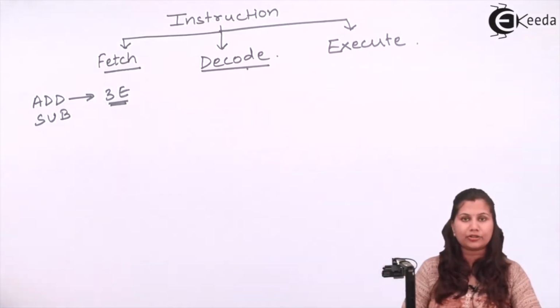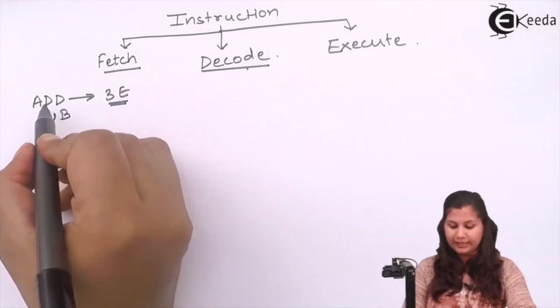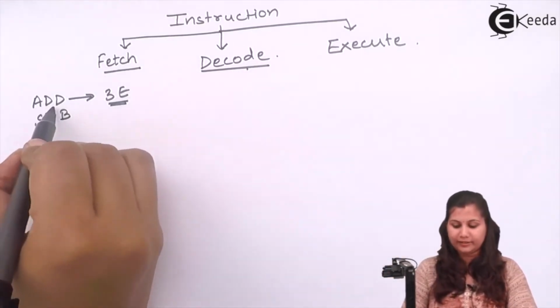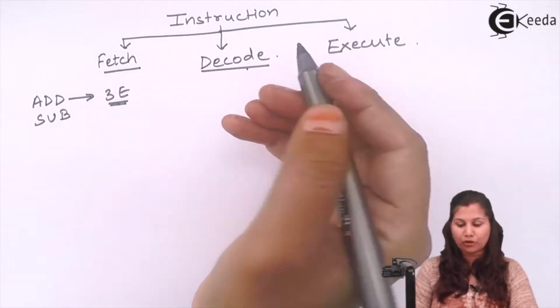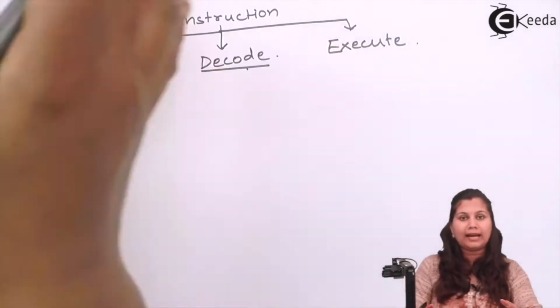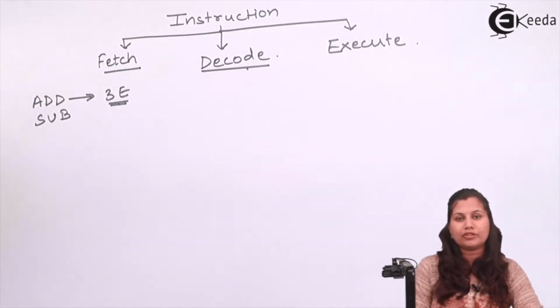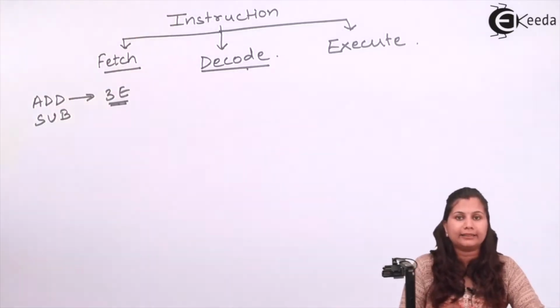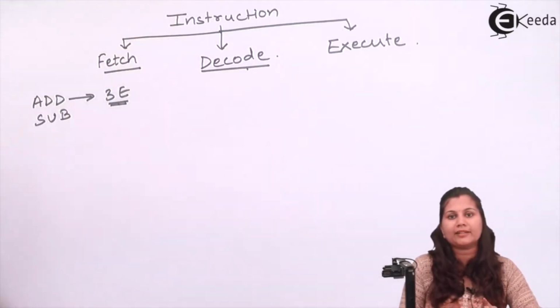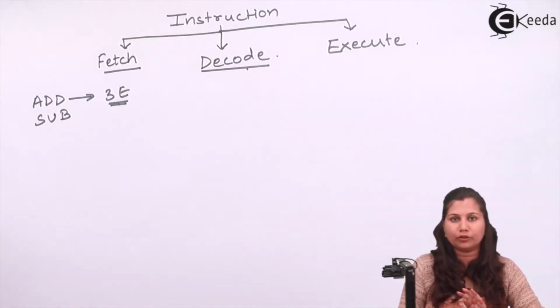Execute means if it is written that addition, then it has to perform the addition operation, and it will add the two numbers which it has to add. Like if it has to add the accumulator and 8-bit data, then the addition will be performed and the result will be stored in the accumulator.